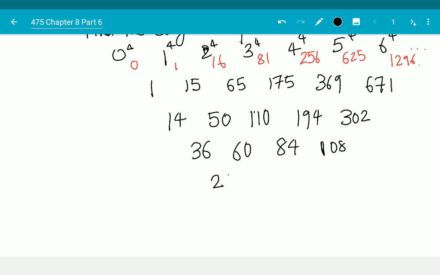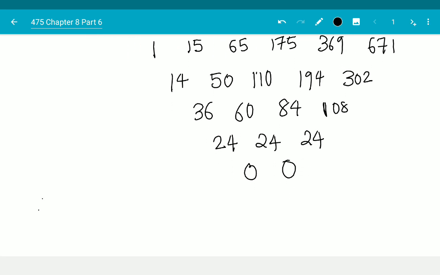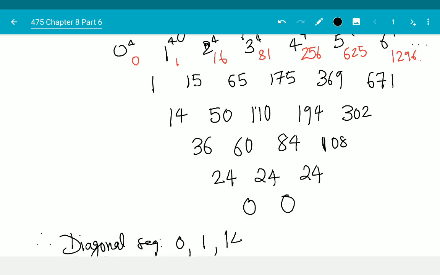Let us look at here. 24, 24, 24, and then in my sixth row, I am going to get 0, 0, 0, 0. And therefore, my diagonal sequence is 0, 1, 14, 36, 24, 0, 0, 0, dot, dot, dot.